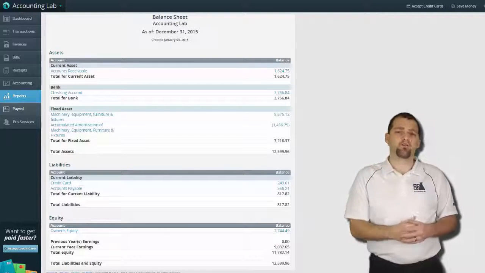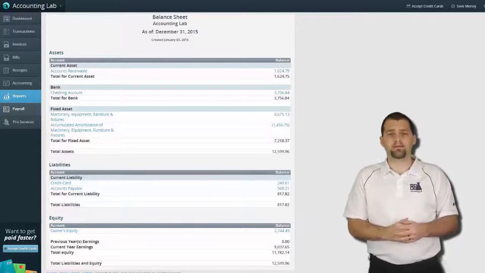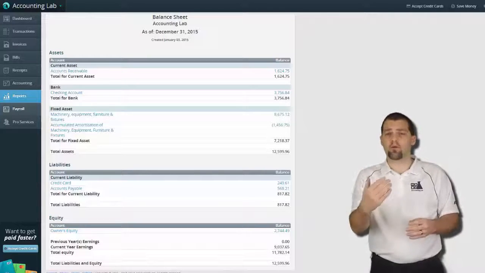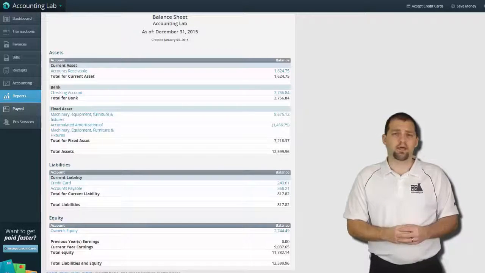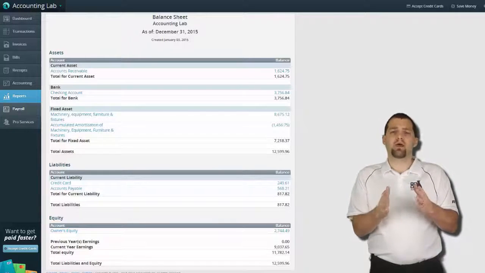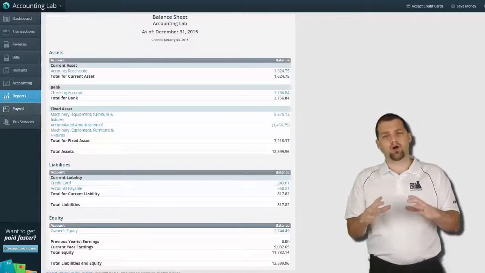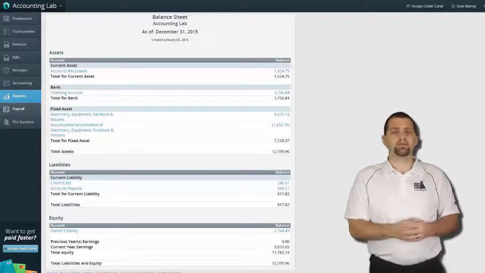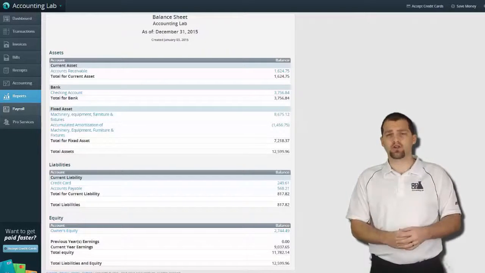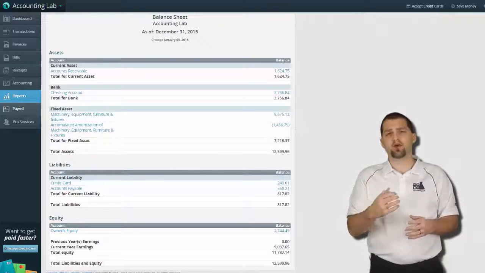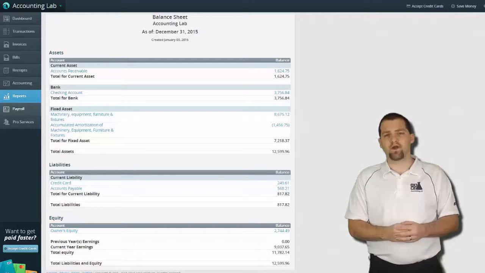If you plan on paying off the entire loan within a year or less, such as maybe a credit card or a bill, those would be considered current liabilities. But anything that you plan on paying off in a longer time period than a year will typically go in long-term liabilities. You'll see this definition of current and long-term come up in just a few minutes as we begin creating accounts inside of Wave's chart of accounts.